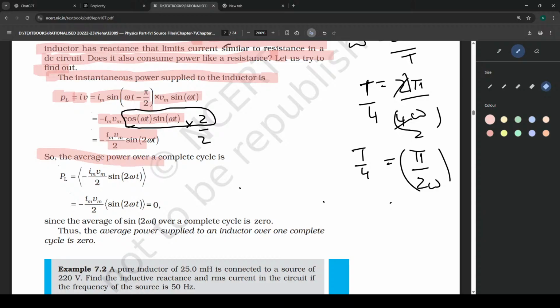So the average power over a complete cycle, where the constant is taken out, and we know the average of sine 2 omega t, if we do the integration for a full cycle, I'll erase this and do it.